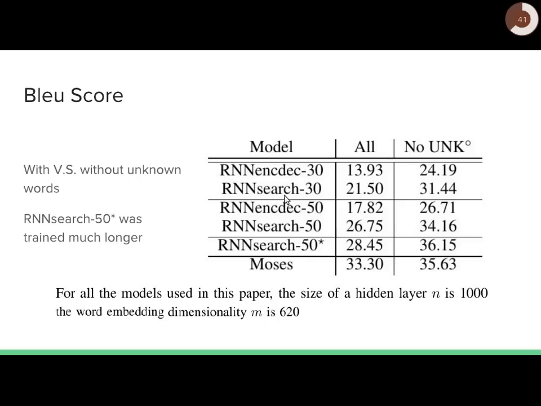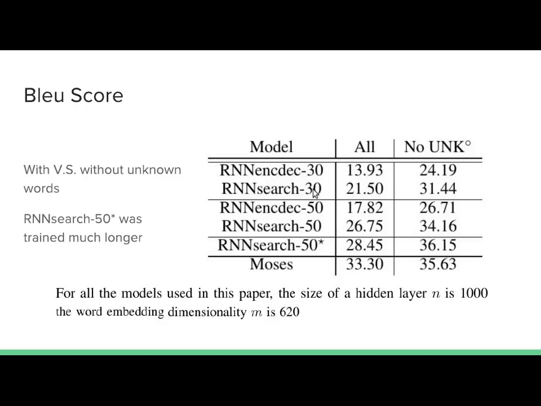So they compared their architecture with inputs and outputs of length 30 and of length 50. So ENCDEC is the seq2seq model, like the basic one. So it's an encoder, decoder, with a vector in the middle.